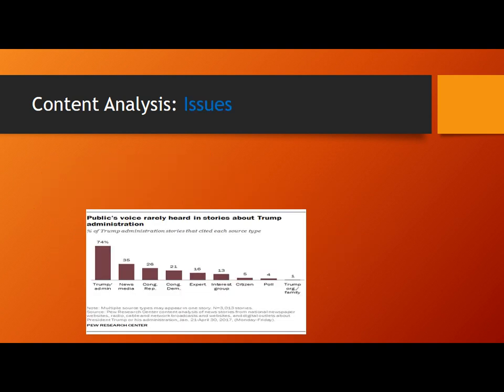Here's one for you. "Public's voice rarely heard in stories about Trump administration." Somebody went through, and if you can see at the bottom in the finer print, the N, or number of samples, is 3,013 stories.